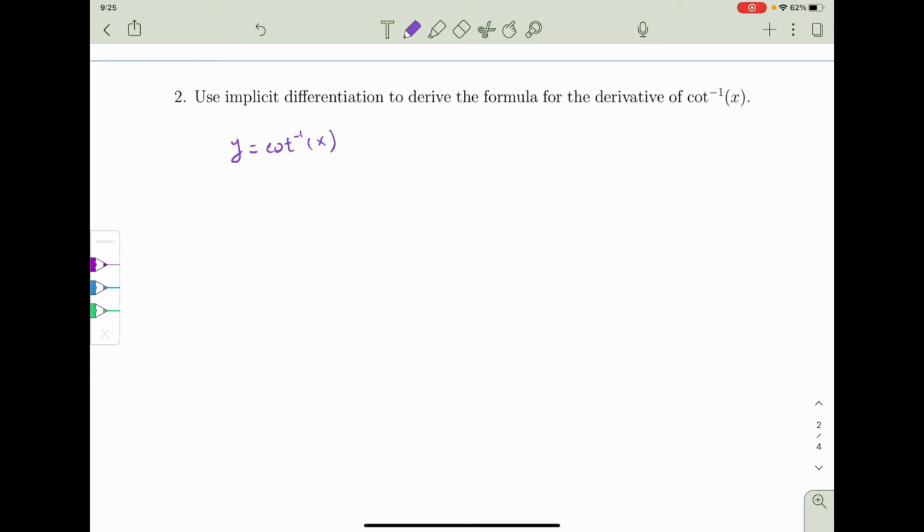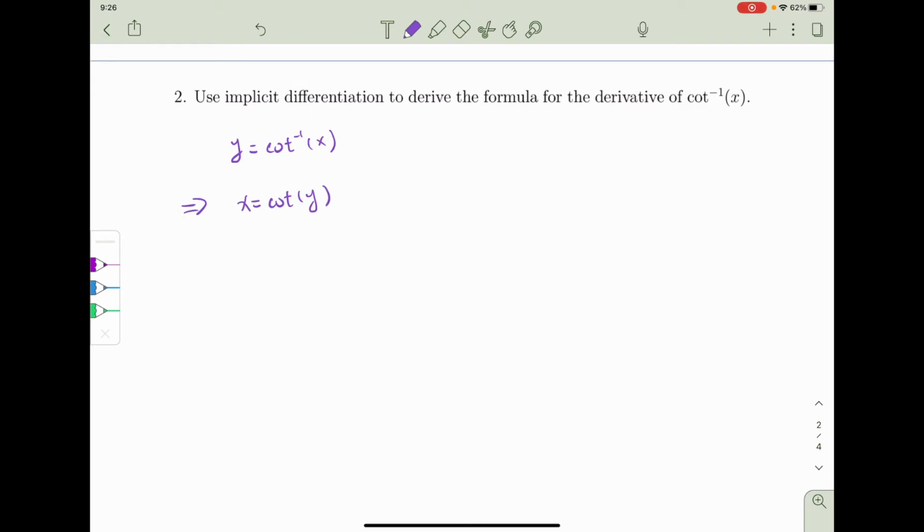This is a function of x, right? And by our definition, we rewrite this so that we get rid of the inverse function. All we have is x equal to cotangent of y, right?